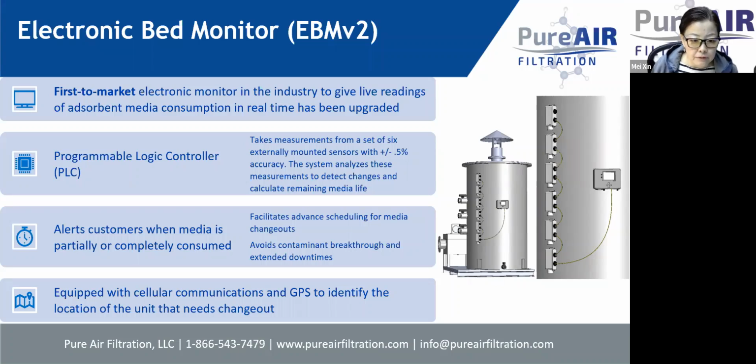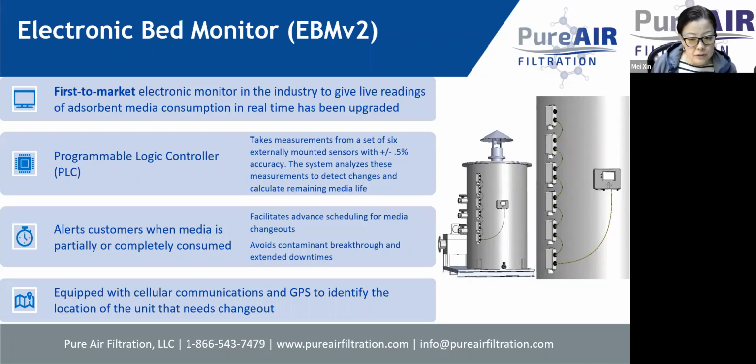The benefit of this system is it gives live readings to monitor media consumption in real time, and it has improved accuracy. It also detects media bed efficiency changes and calculates remaining media life. This system also facilitates advanced scheduling for media change out.